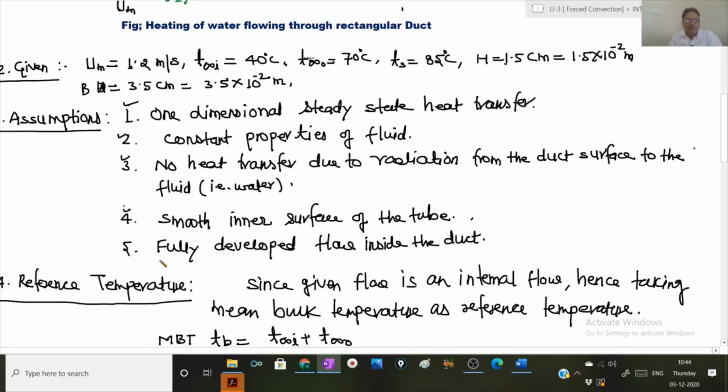The heat transfer is purely considered by convection from pipe surface to the water. Assumption number 4, smooth inner surface of the tube, and 5, fully developed flow inside the rectangular duct.